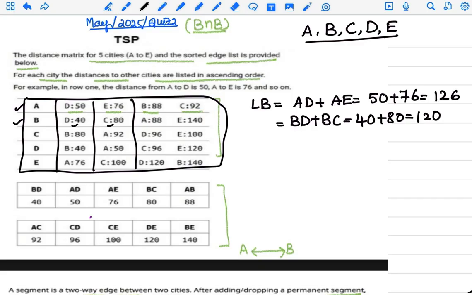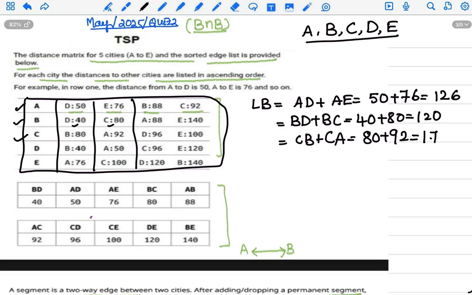Second smallest edge and the first smallest edge in the distance matrix for every city. Next city is C. So CB plus CA, that equals 80 plus 92, so 172. Next is from city D, DB plus DA, 40 plus 50, that is 90.